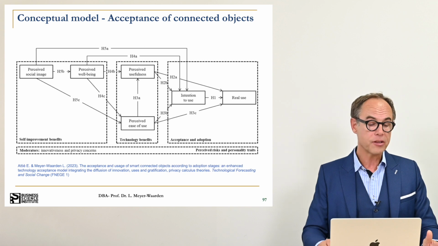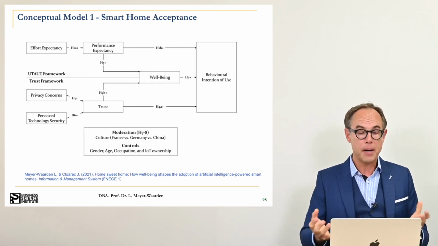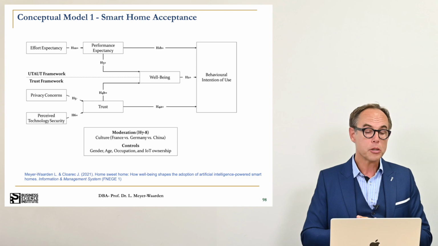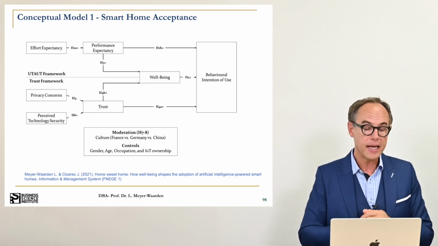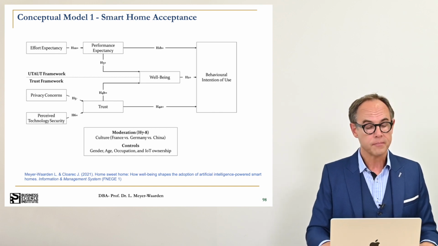For the smart home, you see actually the UT framework in the higher part of the model, impacting positively well-being. And you have the technology risk and trust framework in the lower part of the model, impacting negatively trust and subsequently well-being and intention to use.